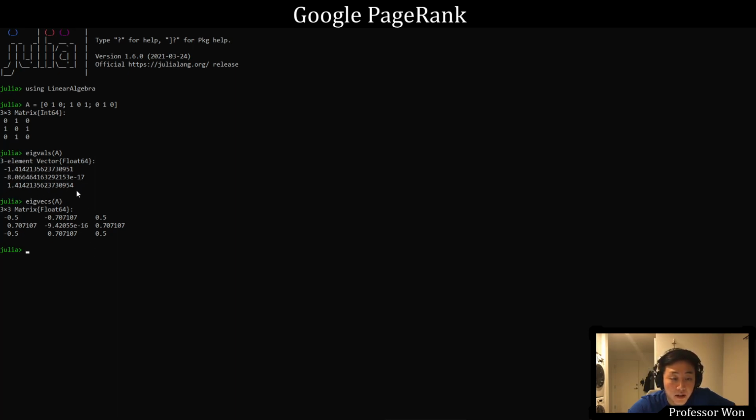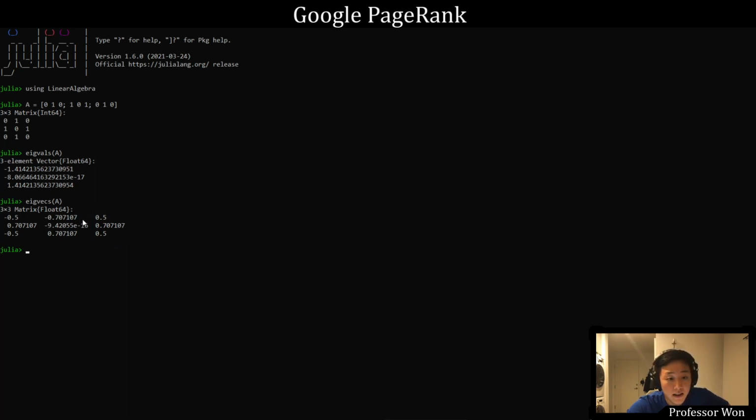Okay, but this dominant eigenvalue should have a non-negative eigenvector, and it does, right? So this looks like 1/2, root 2 over 2, 1/2. Or you could rescale it and make it 1, root 2, 1. Or in the notes, it's rescaled as root 2, 2, root 2. So they multiplied this whole thing by 2 root 2.